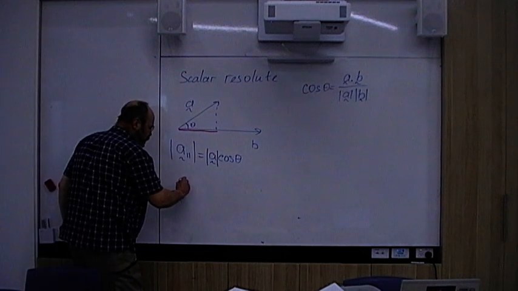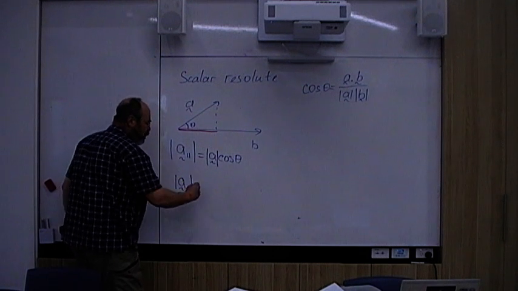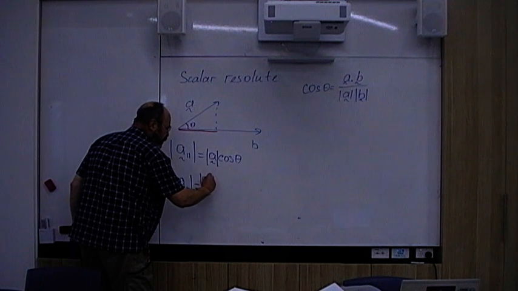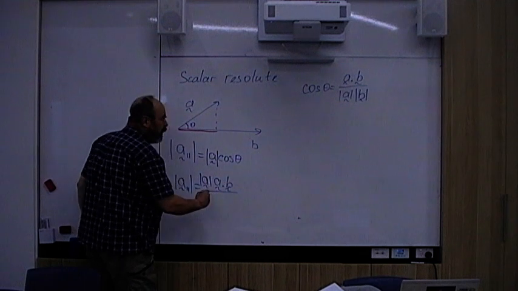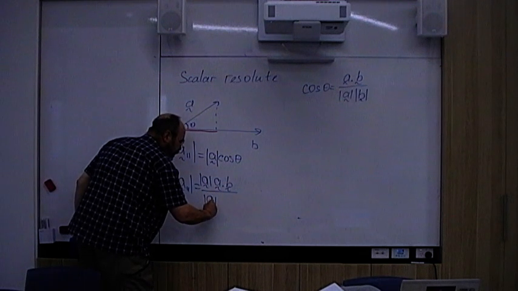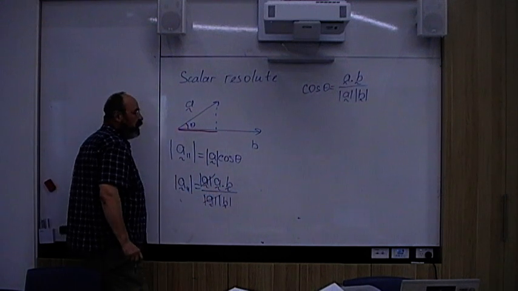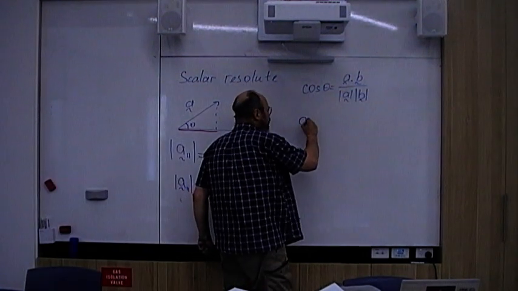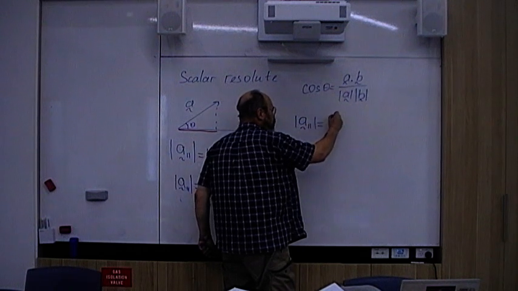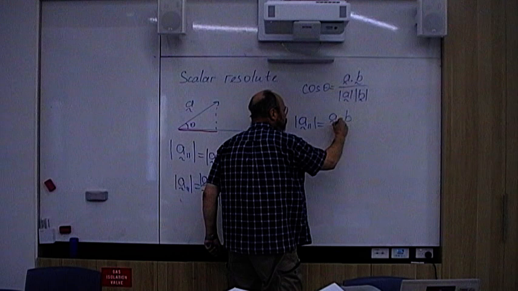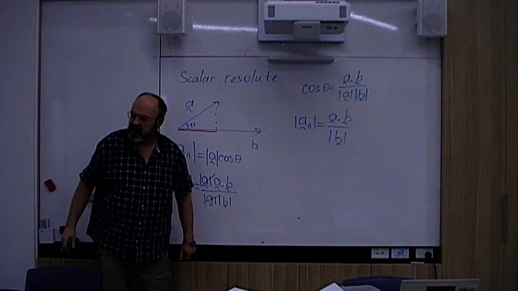Substituting cos theta, the scalar resolute of vector A in the direction of vector B will be length A times A dot B divided by length A times length B. The length of A cancels out, and we get that the scalar resolute of vector A in the direction of B equals A dot B divided by length B. Make sense?